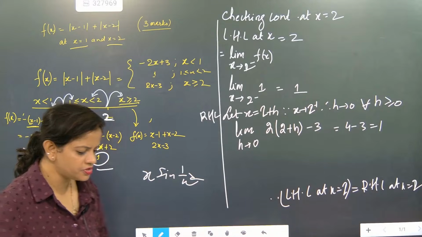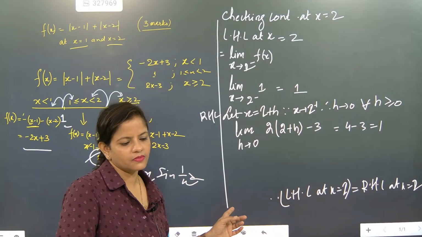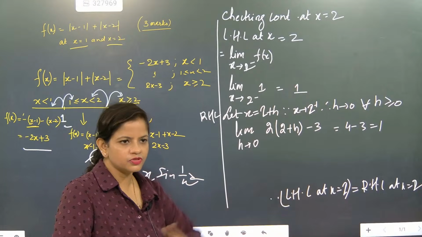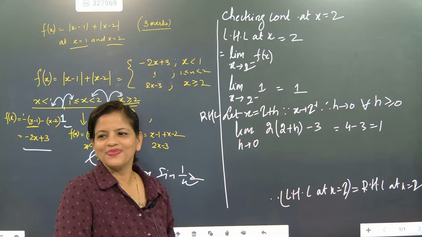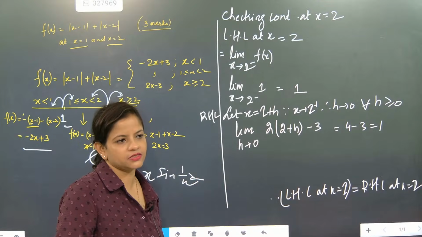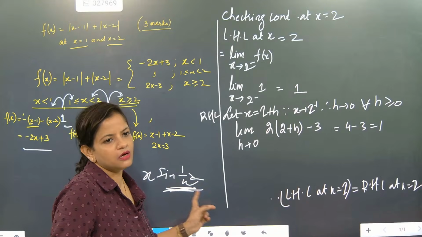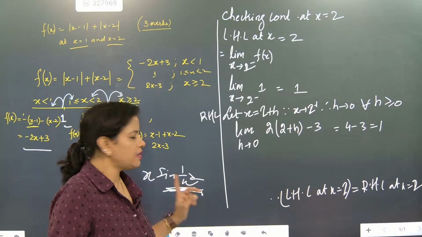Continuity and differentiability, I have already taught in class. Out of all the notebooks, take it out and refer. See, whenever sine x will be there, sine of 1 by x, simple concept: it will oscillate between minus 1 to plus 1. It will be continuous.